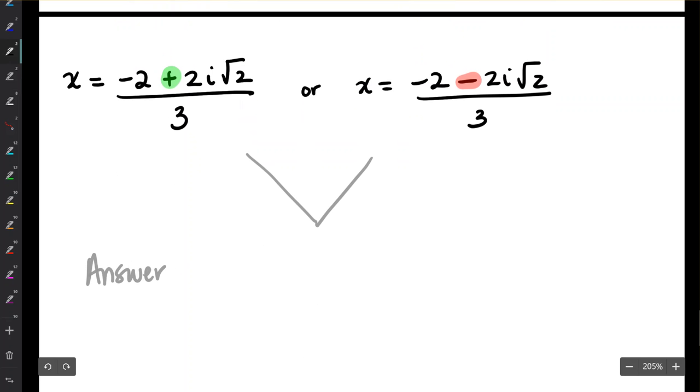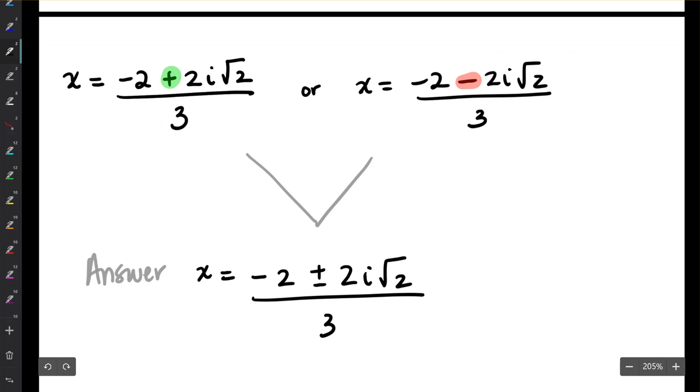We have x is equal to negative 2 plus or minus 2i square root of 2 all over 3. They have typed for us the plus or minus and the i. What we need to do is put in the right spots, the minus 2, the positive 2, and the 3.